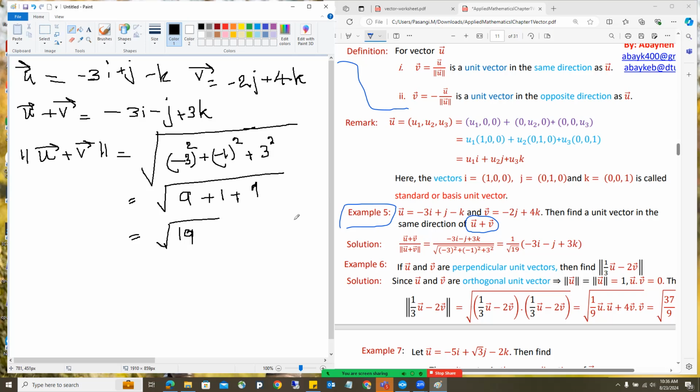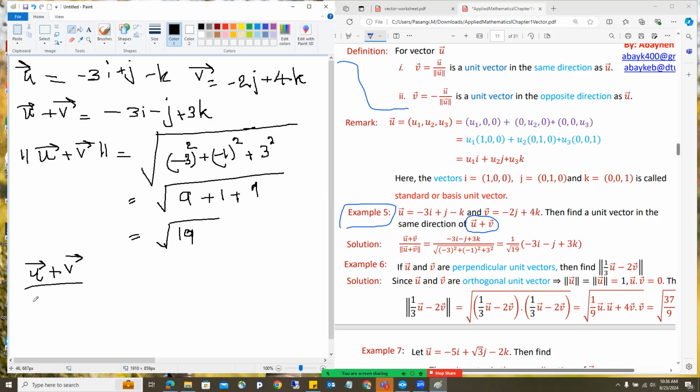To find this unit vector in the direction of vector u plus vector v, the magnitude should be 1 in that same direction.